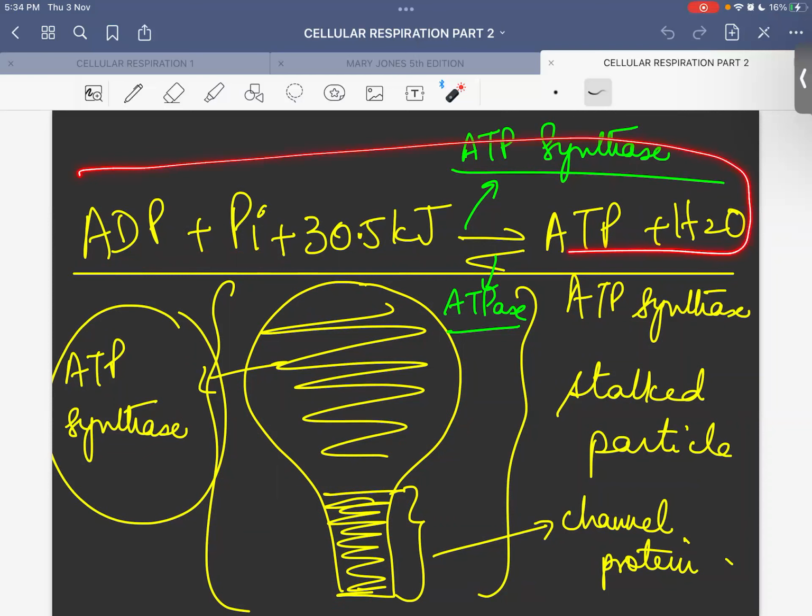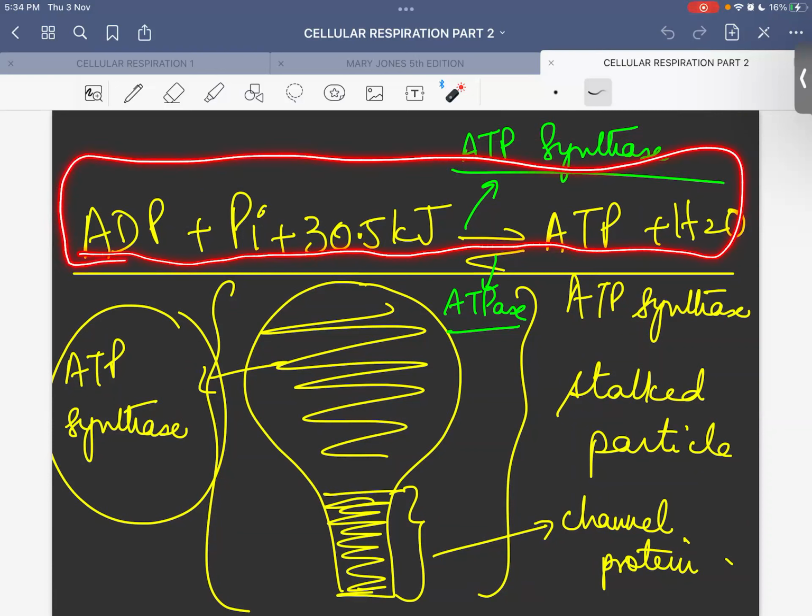Just remember this reaction. Okay, now Abdullah, tell me, is this condensation or hydrolysis? It's condensation. Condensation. Yeah. बिल्कुल सही, बिल्कुल सही. Can I call this phosphorylation also?